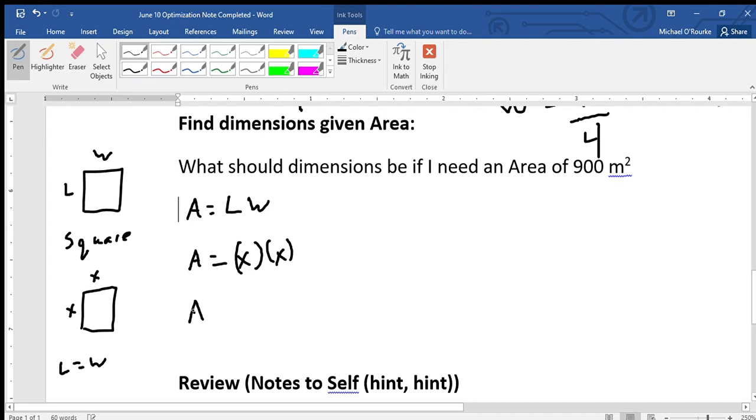So area equals x squared. Now let's plug in what we know. Now we know area equals 900. So I go 900 equals x squared.